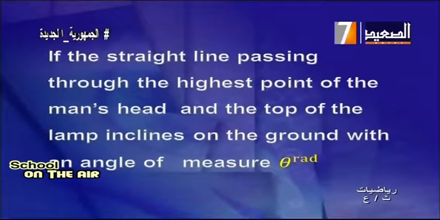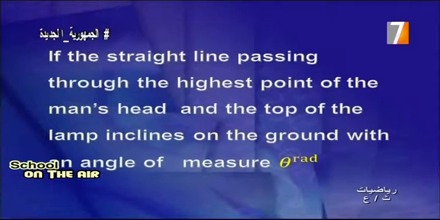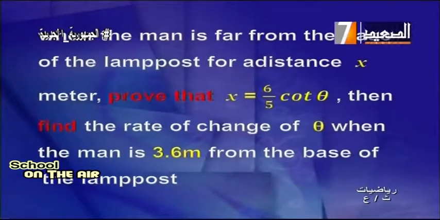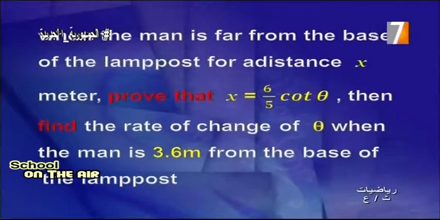If the straight line passing through the highest point of the man's head and the top of the lamp inclines on the ground with an angle of measure theta degree, when the man is far from the base of the lamppost for a distance x meter, prove that x equals 6 over 5 cotan theta. Then find the rate of change of theta when the man is 3.6 meter from the base of the lamppost.